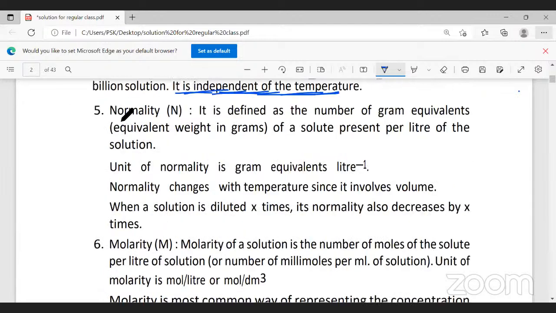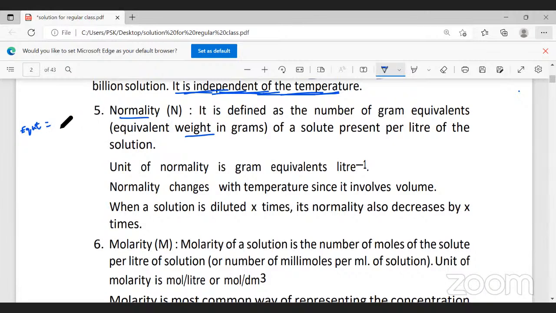All right, normality. What is normality? It is defined as the number of gram equivalent weight of a solute present in 1 liter of the solution. Now, how do you calculate the equivalent weight?